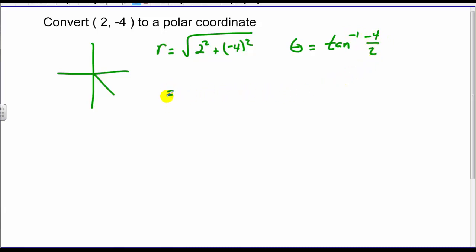So in this case, we have 4 plus 16, which is going to be 20, and I simplify that to 2 root 5. It's my r value.